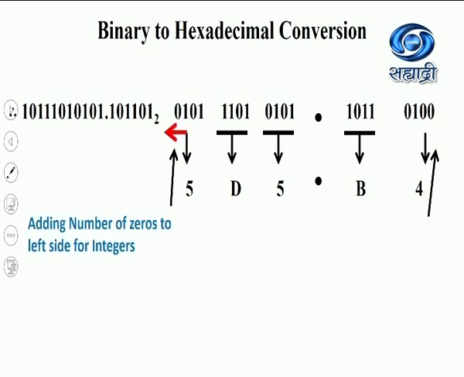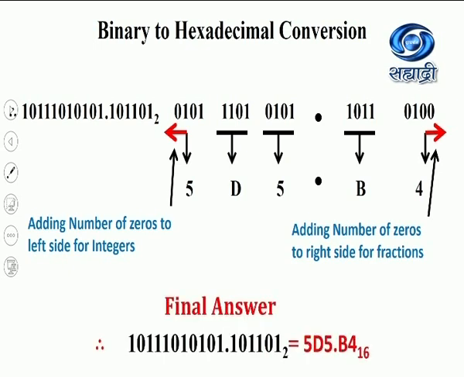For that, we add zeros to the left side for integers and zeros to the right side for fractions. Then, by writing the corresponding 4-bit equivalent hexadecimal digits, we get the final answer: 1011101001.101101 equals 2E9.B4 in hexadecimal.